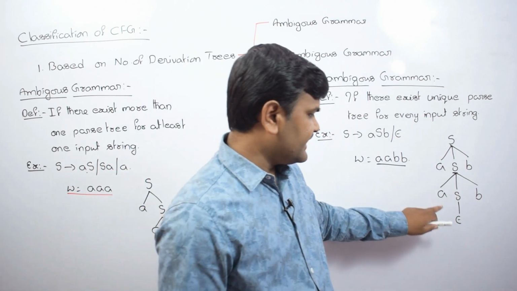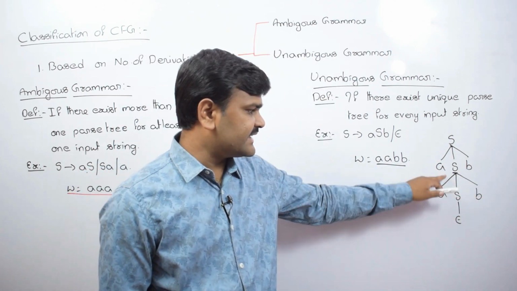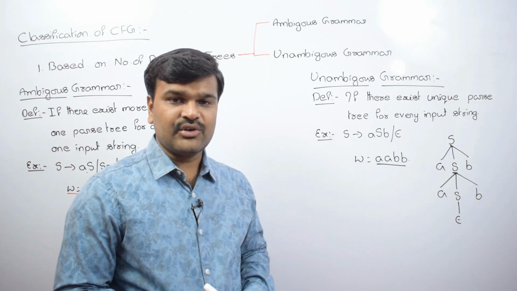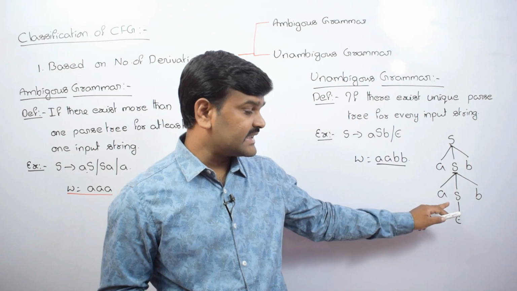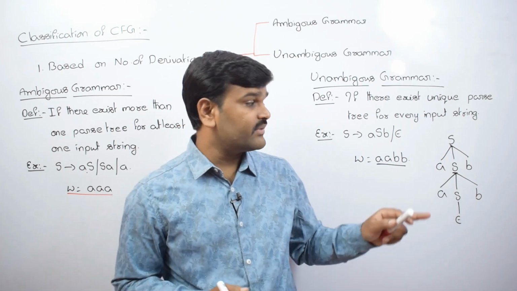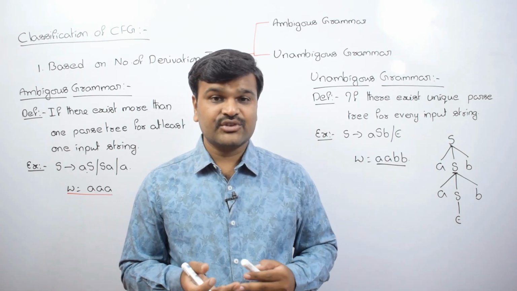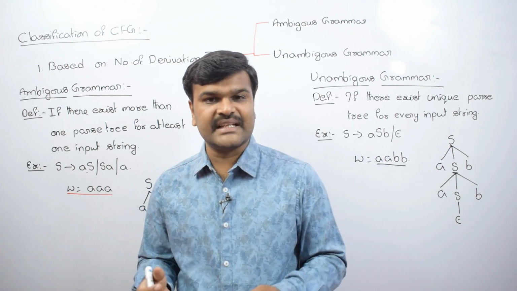So we get A, B, B. We generated this from this parse tree. Are we going to have any other differently structured tree to generate the same string? It is not possible from these rules. That is why this is unambiguous, and there is no confusion.